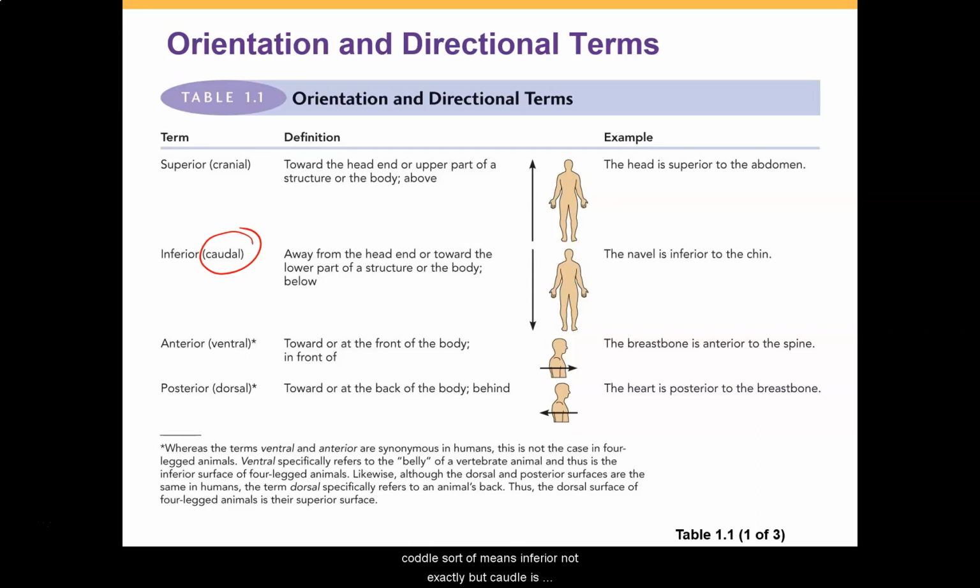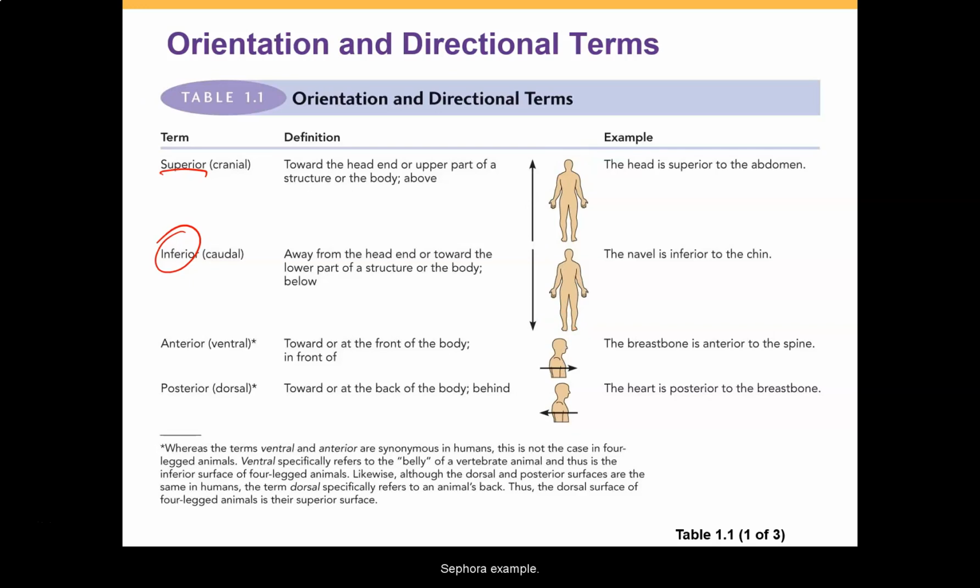Caudal sort of means inferior, not exactly, but caudal is mainly reserved for neuroanatomy, meaning the nervous system. Superior means that the organ we are looking at is closer or towards the head. Inferior means that the organ that we are referring to is towards or closer towards the feet.